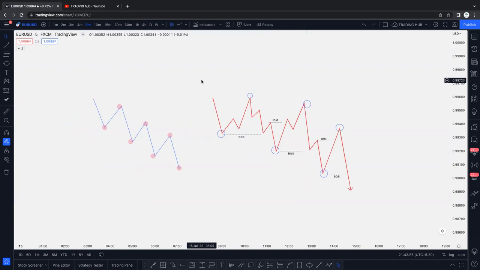So I will make 2-3 time frames only. I will give you 2 types and 3 types of time frame only, because they will help you a lot to understand what is major time frame and what is minor time frame, and how we can take entry in a lower time frame, right?